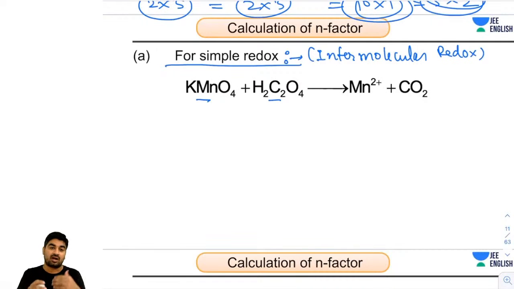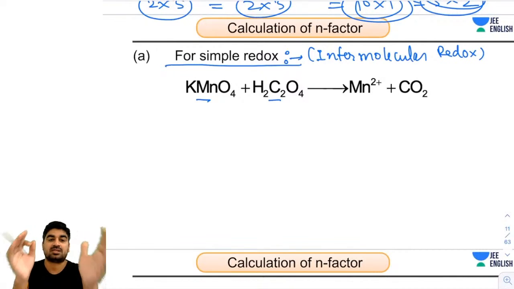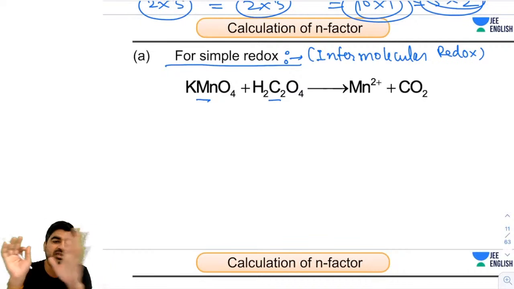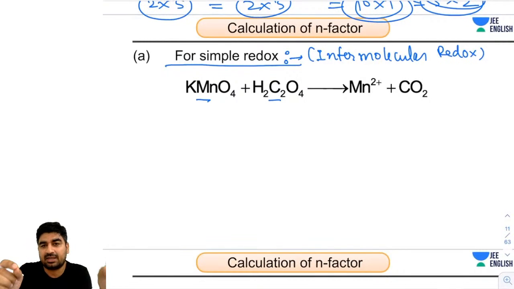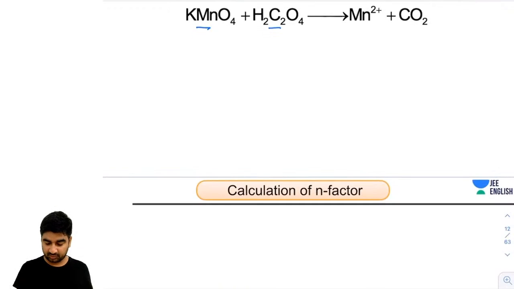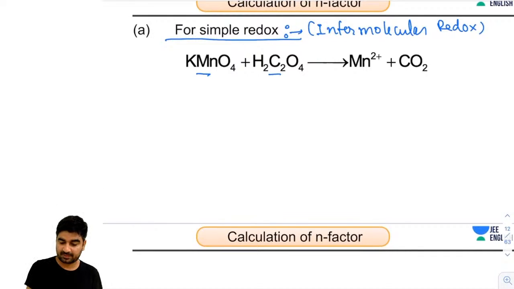So guys, how will we find the n factor for simple redox? Right? So the first step is, if you want to find the n factor for simple redox, just balance the reaction. Do not balance hydrogen and oxygen. Balance only those atoms for which the oxidation state is changing. Right? I will tell you two ways for it.